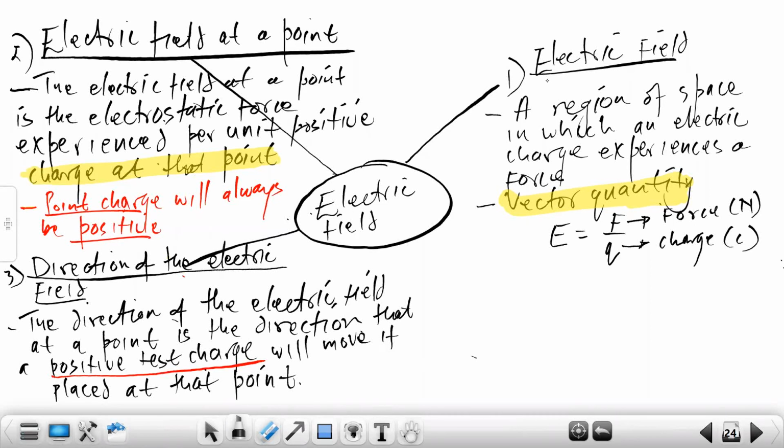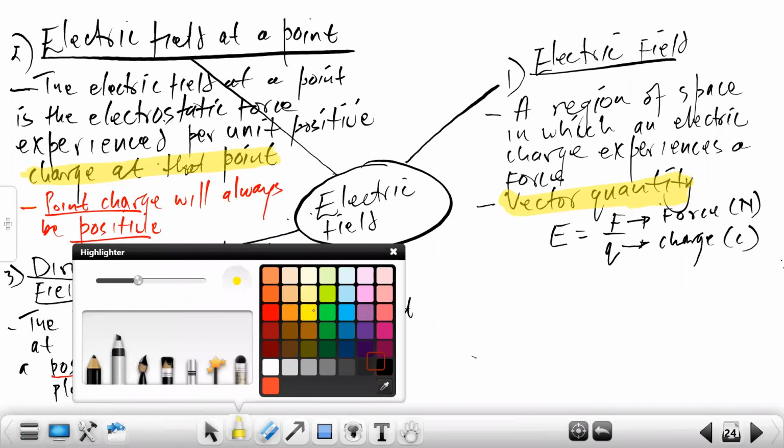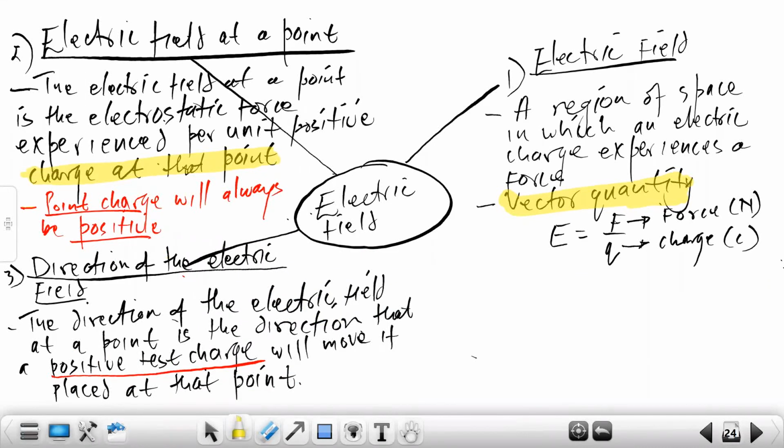You will still get the same thing because the force, because of its vector nature, is the one that influences the vector nature of the electric field.